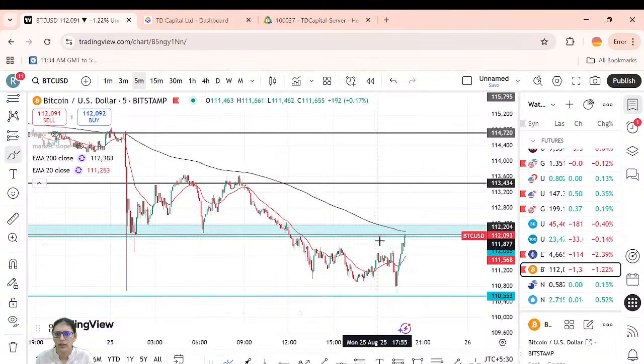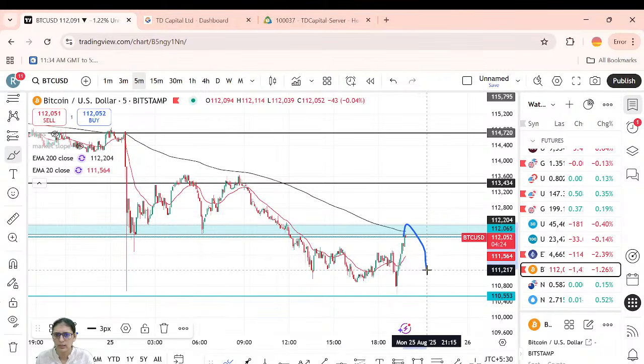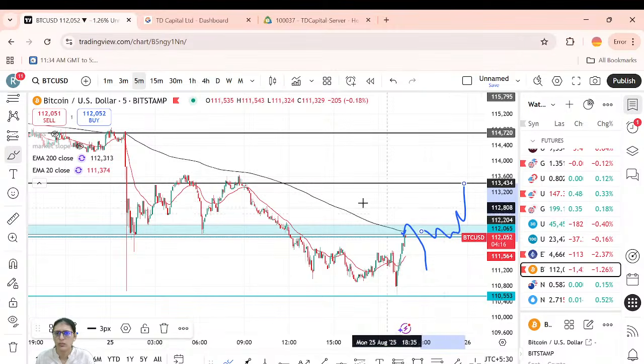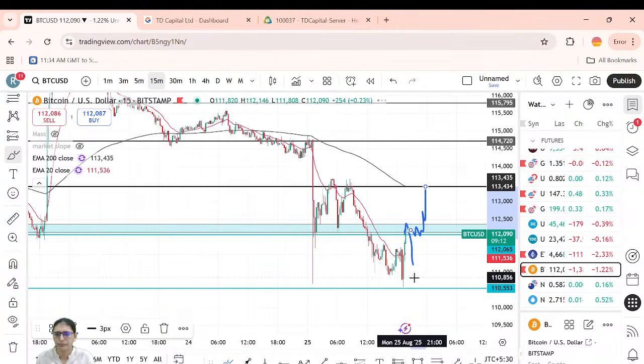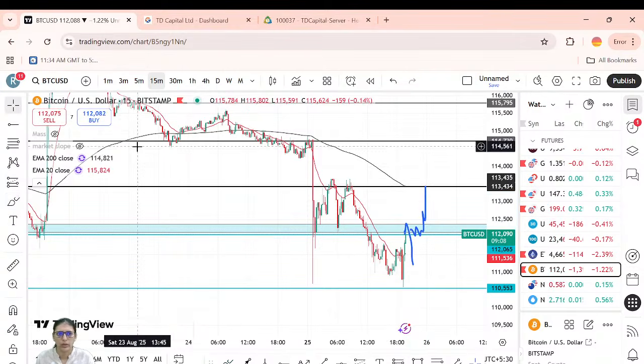Either the market can reverse from the zone like this, or if the market stays here for some time, moves out, does a proper retest, and then this is possible. This is the target that you can expect.